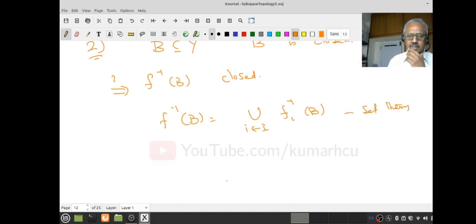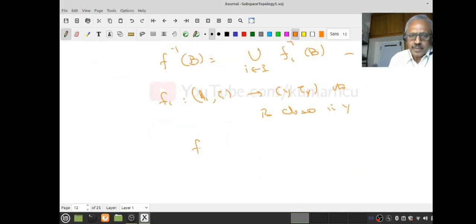Right, now what do I know? Since B is closed and the fi's are continuous, I know that fi inverse of B is a closed set in A. Now what do I want?